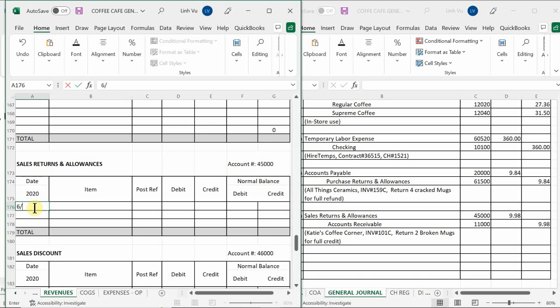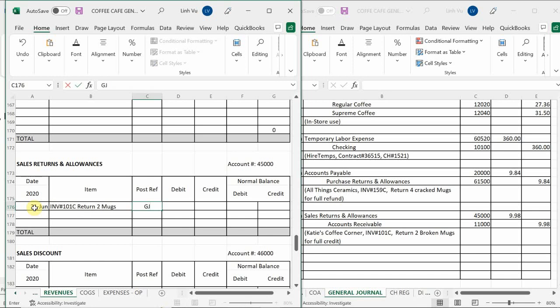It's 621, and the invoice 101C, and then it's on page 9. Oh, so it's better to write the 2 broken mugs. Well, in this case, the invoice is good enough, but I'm going to be a little more detailed.